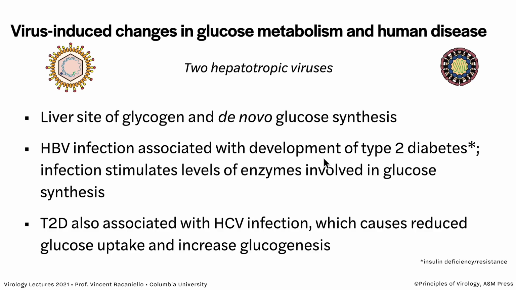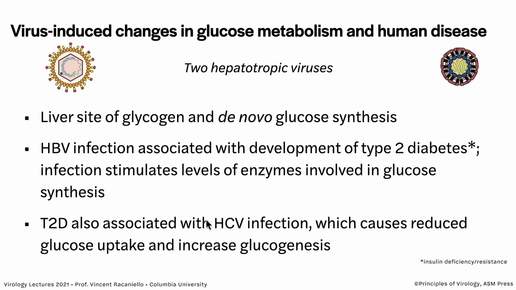And infection with that virus is associated with development of type 2 diabetes, which is insulin deficiency resistance type diabetes. And that is in part because infection stimulates levels of enzymes involved in glucose synthesis. It requires glucose for, presumably energy and also fatty acid precursors. So increases the production of glucose, and that leads to diabetes.